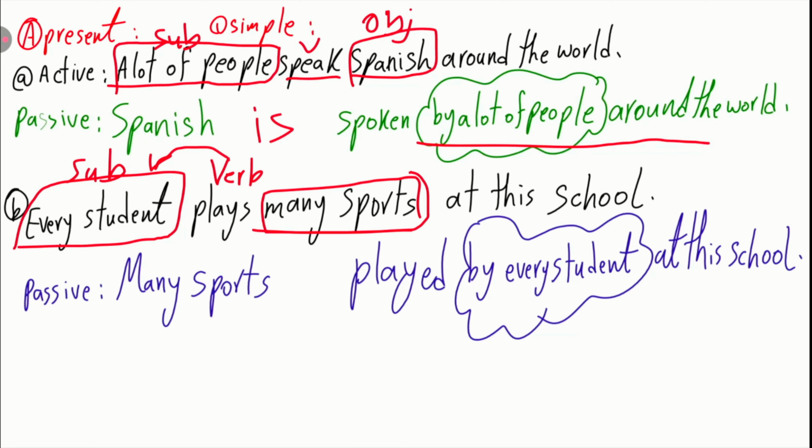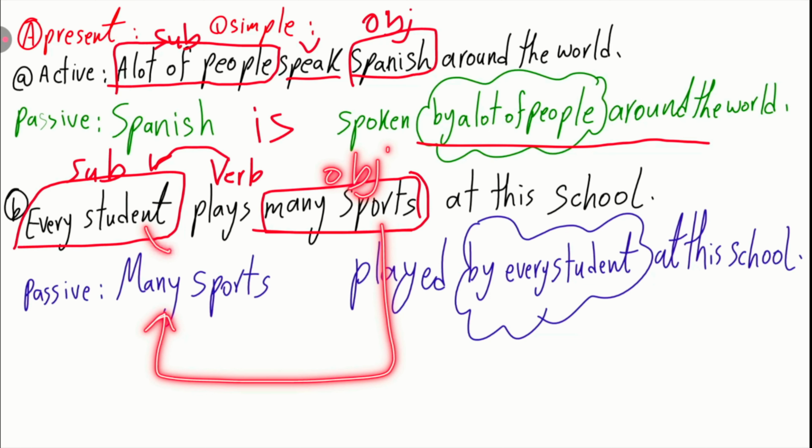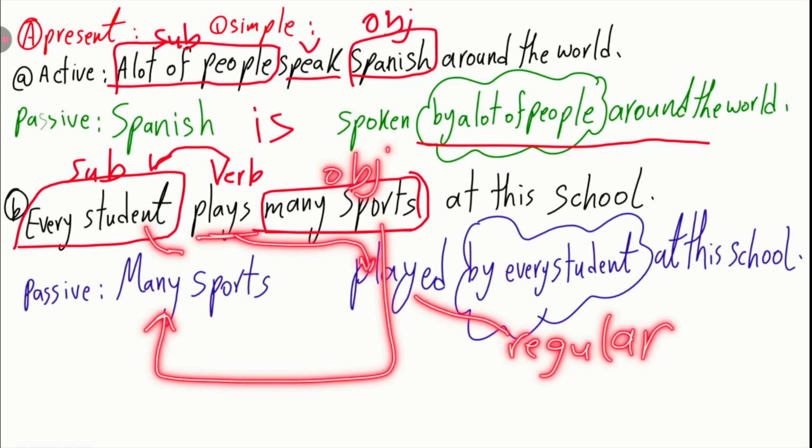So how can I make the passive voice? I take the object, this is the object, I take the object to the beginning of the sentence. I take the verb and put it in the third form, and as you see here, this verb is regular, and for regular verbs, V1, and then we change, V2 equals V3.